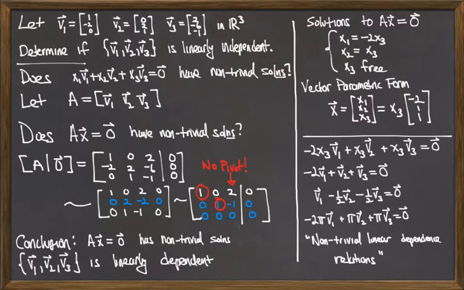So make sure you divide this into two parts. The first part is: is it linearly dependent or independent? And that has to do with whether or not there are non-trivial solutions or not. That is a yes or no question. But in the case that there are non-trivial solutions, you can actually look at those solutions and describe the non-trivial linear dependence relations among the three vectors.